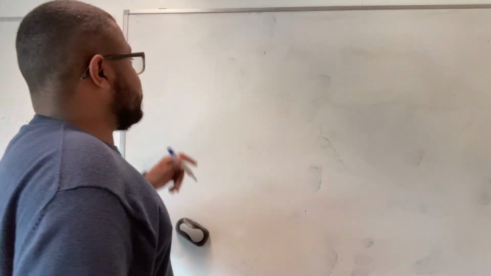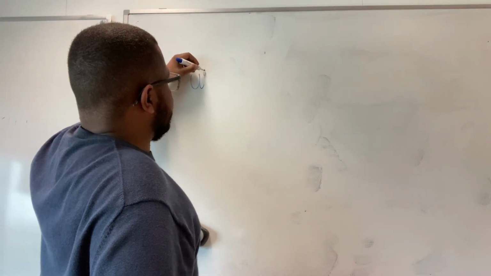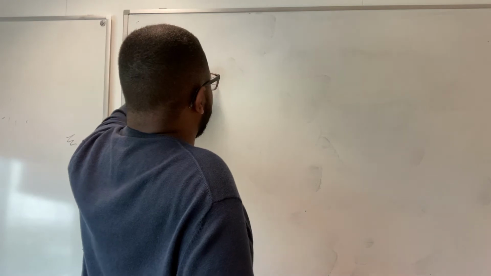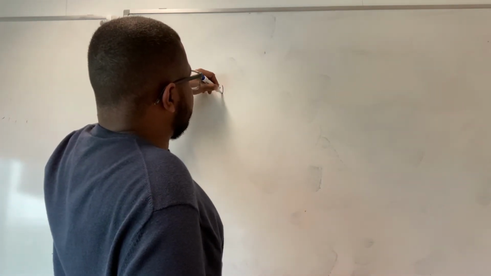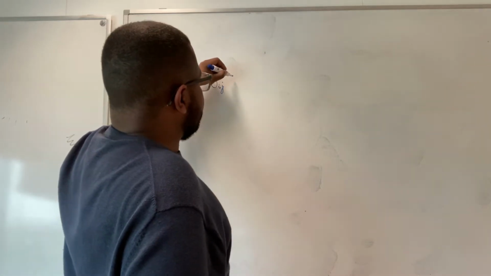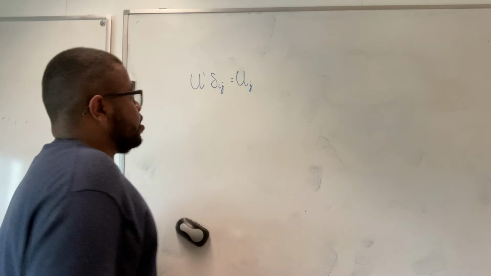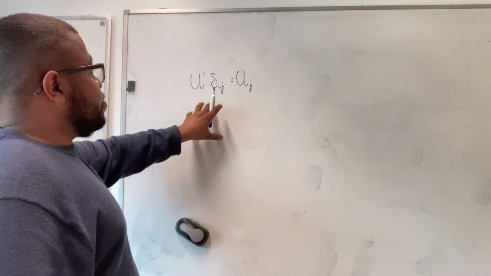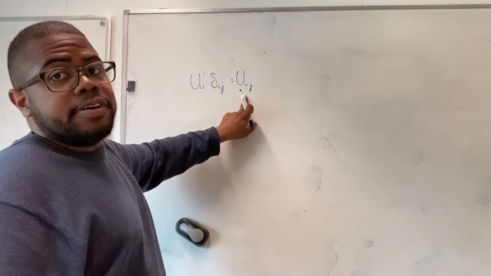Actually, before that, for example, if we want to lower the index of a vector u, say vector u with an upper index of i, we can multiply it then by δij, this Kronecker delta, and that will give us u with a lower index of j. Now, in this thing, we can see that we inserted a vector and got a vector out of it.